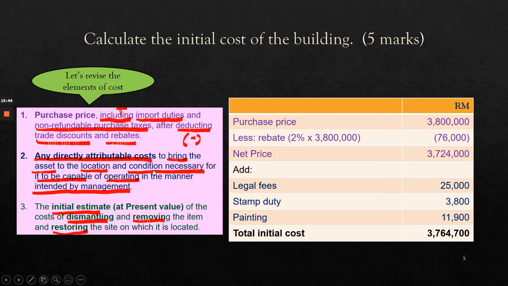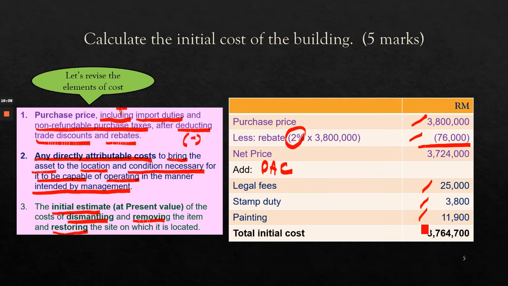So let's see what that has to do with our question. In our case, the purchase price was given. We already made an analysis before. The rebate is 2% from the purchase price, so this will give you the net price. Then you are going to add the directly attributable costs, I put DAC here. So legal fees, stamp duties, and painting. We have already made the decision earlier, so these are all being added.